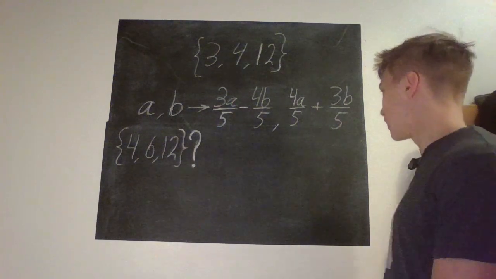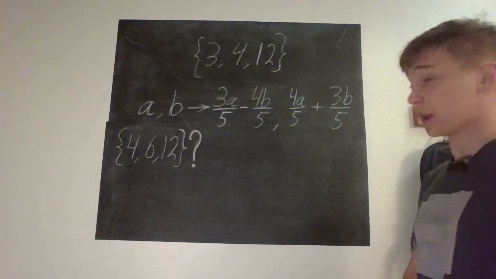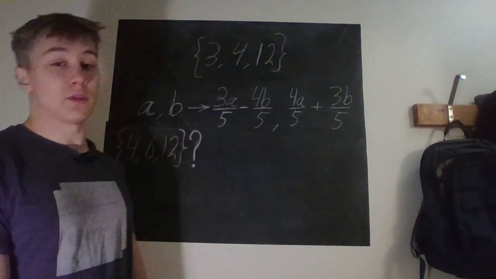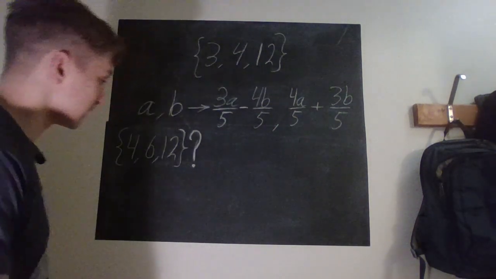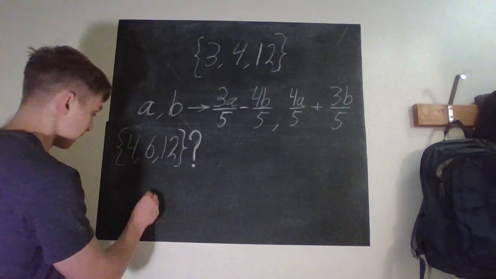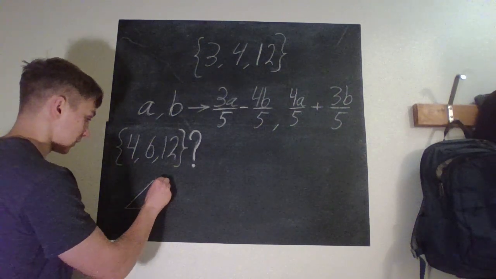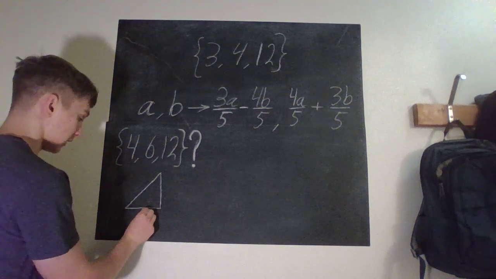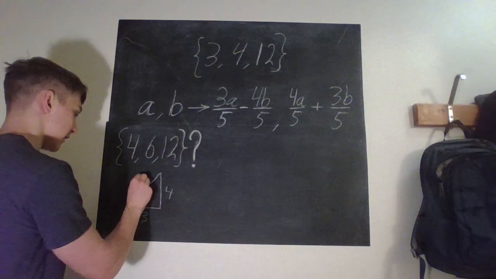When you see these kinds of things, we have 3, 4, and 5. What does that remind you of? It should at least remind you of a Pythagorean triple, namely a triangle with sides 3, 4, and 5.